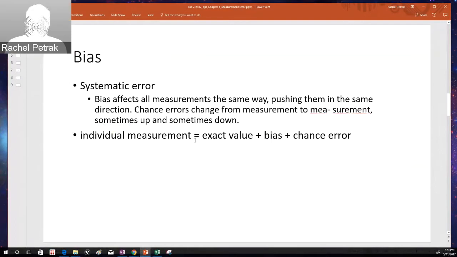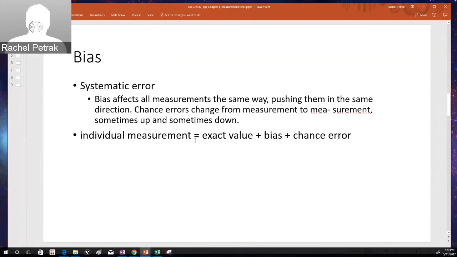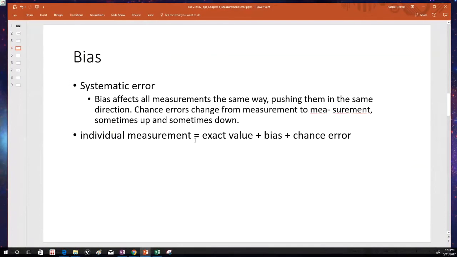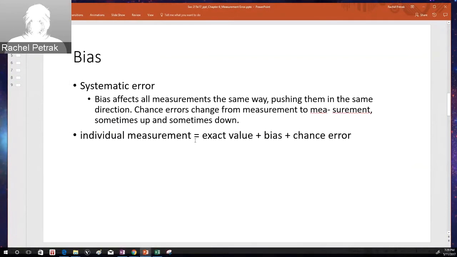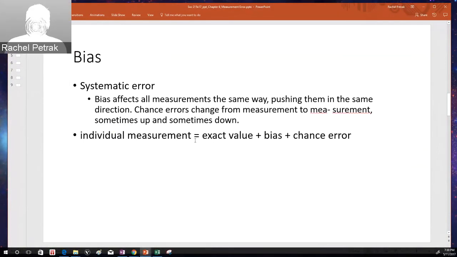Although it's important to remember that when you do have bias in your variable, it's pushing the measures in the same direction. And since all the measurements are going in the same direction, this affects some measures of central tendency or variability more than others.